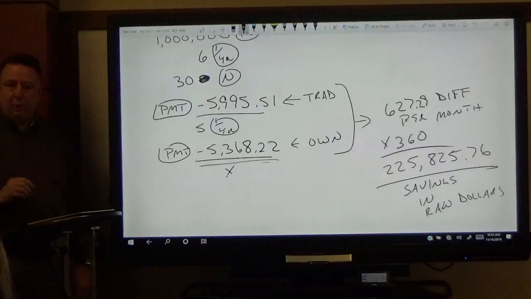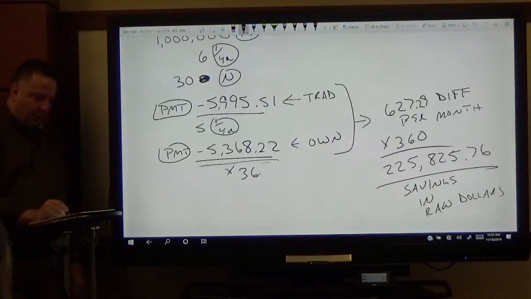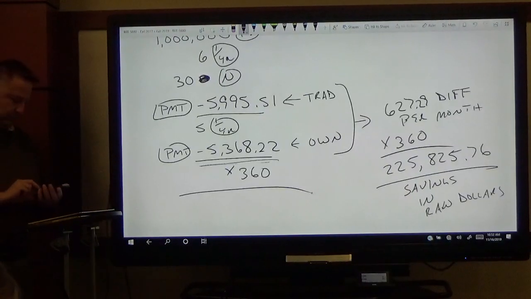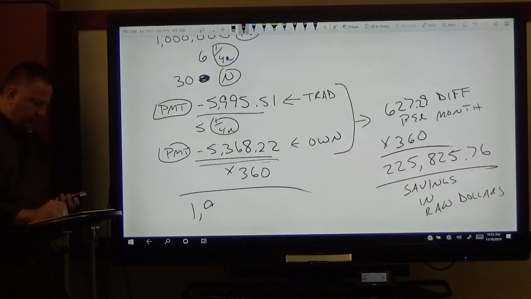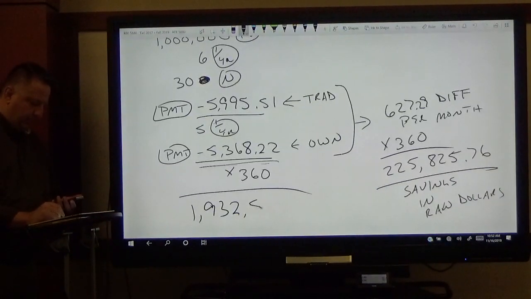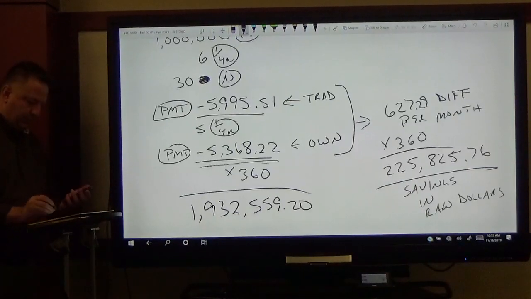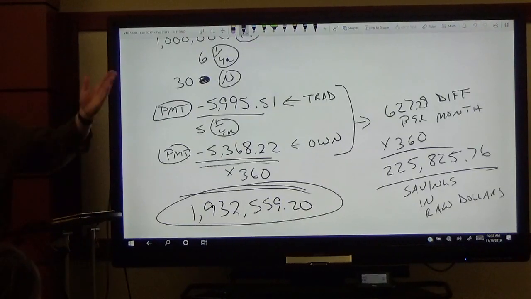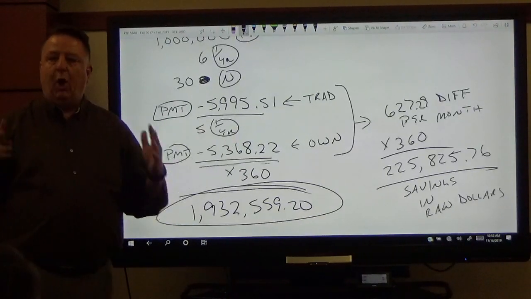So what does that work out to be in terms of total income to me? $1,932,000. So basically twice the price. But now I've had to wait 30 years to get all of that income.